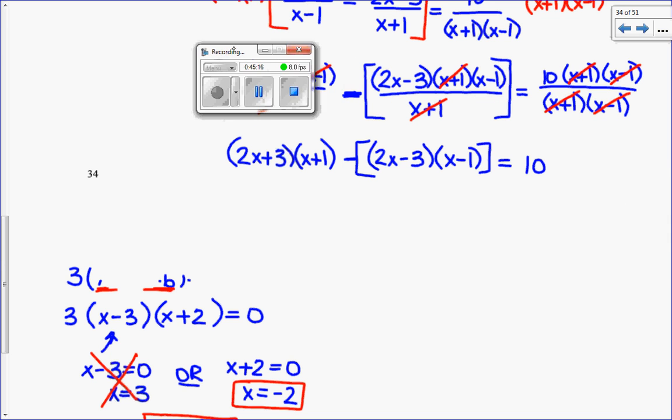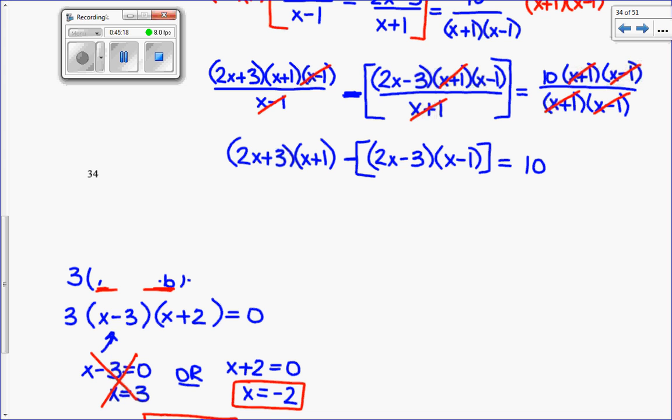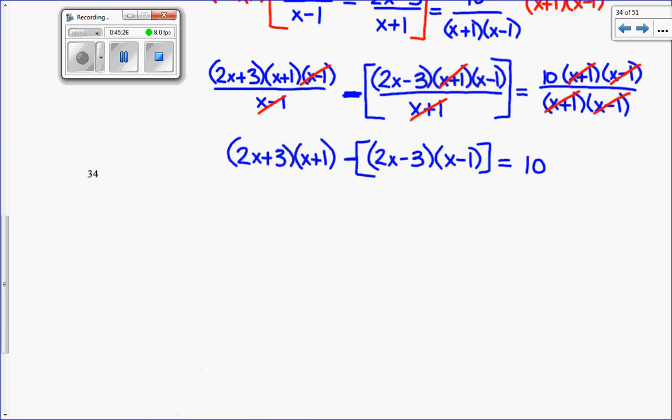I'm just going to move this out of the way so that I have a little bit more room on this side. Okay, so let's multiply using FOIL to figure out how much 2x plus 3 times x plus 1 is. 2x times x is 2x squared.